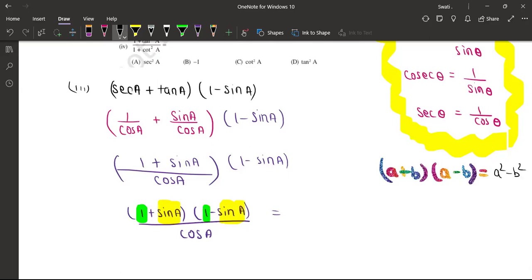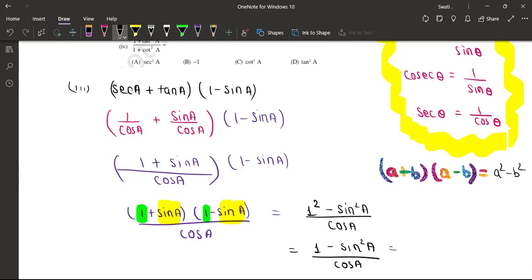By using this formula, can we not say 1 square, because a is 1, minus b square, that means sine square a, right? And then upon cos a as it is. Now 1 square we can write down as 1, so 1 minus sine square a, upon cos a as it is.